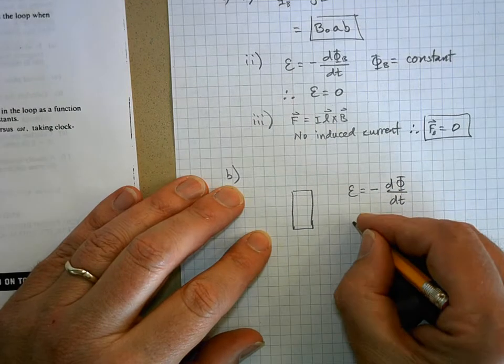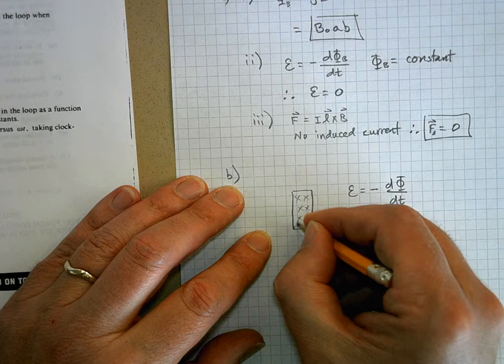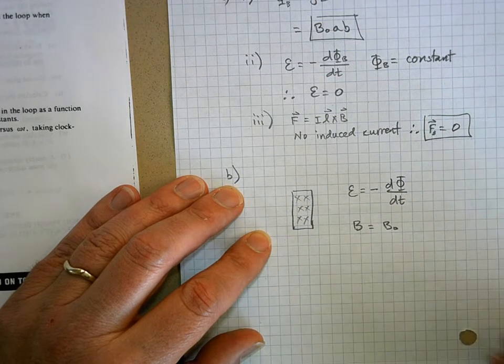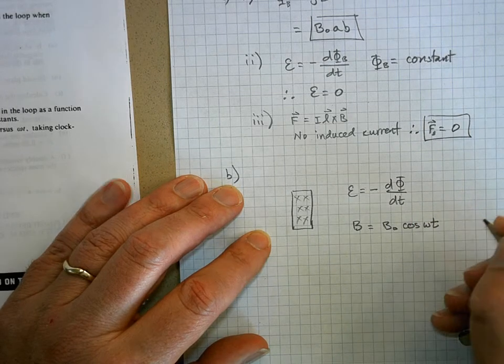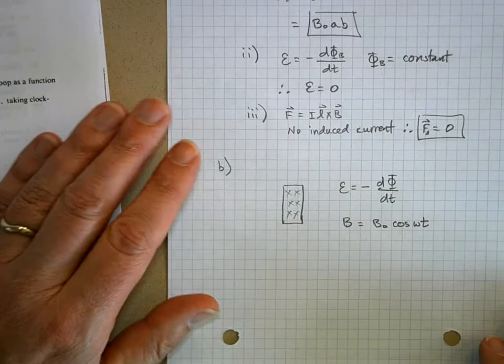So let's write an equation. B is originally directed into the paper like this, and B is equal to B naught times cosine omega t. Okay, now I actually have to visualize stuff.